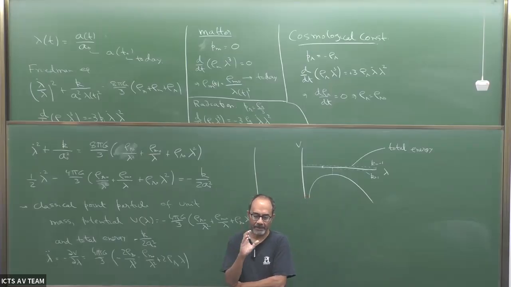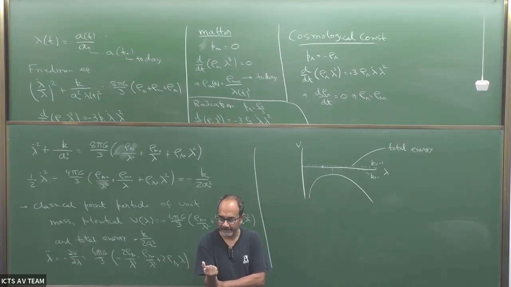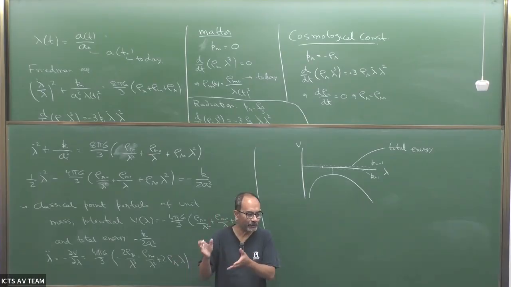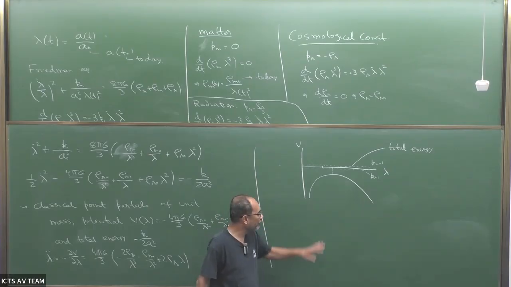That is the kinetic plus potential energy. So if lambda dot has to increase, then V better decrease. That's another way of saying acceleration, you don't even have to differentiate V. If lambda dot is increasing, V should decrease because half lambda dot square plus V is fixed. So you must be somewhere here.